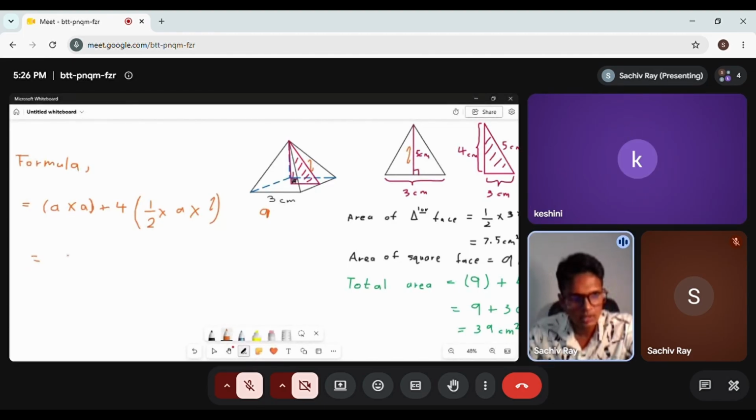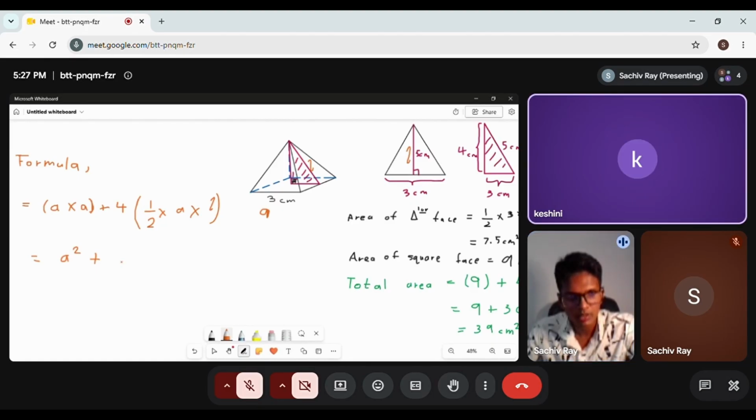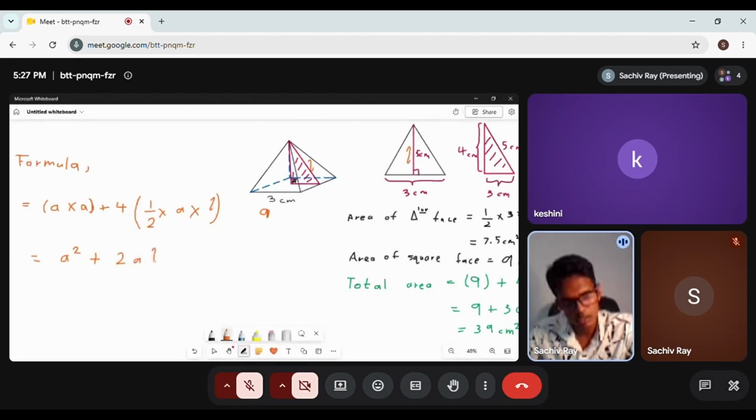A times L will be A squared plus 4 times half. Half of 4 would be 2. So 2AL.